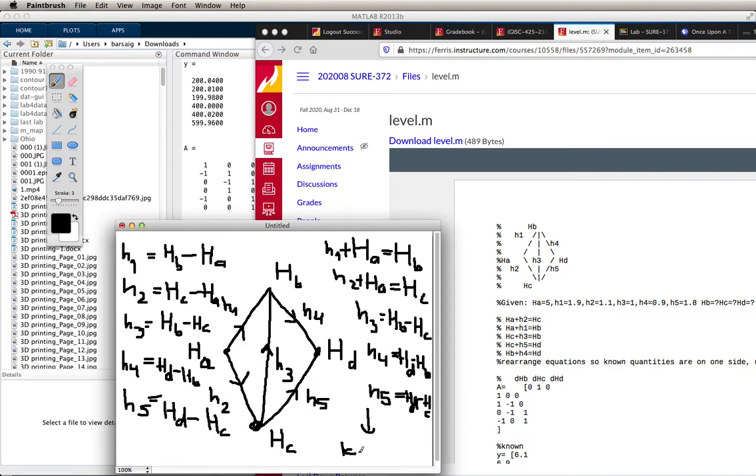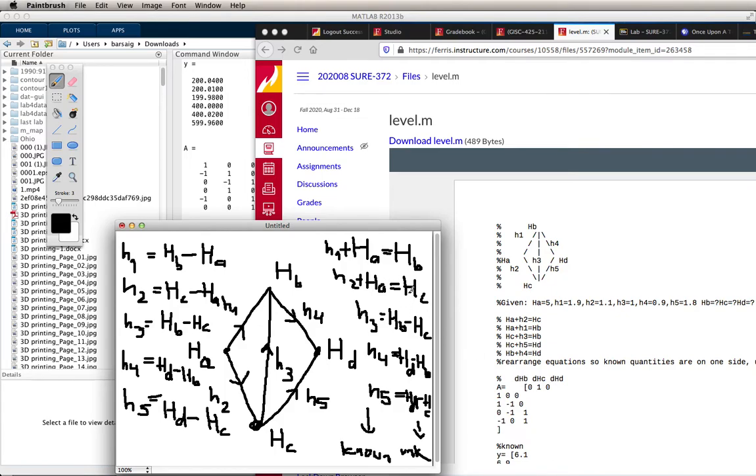This is my known, and on this side we have our unknown. And it doesn't matter what order they're in, as long as the order is consistent. So in our example, this is going to be the first equation.